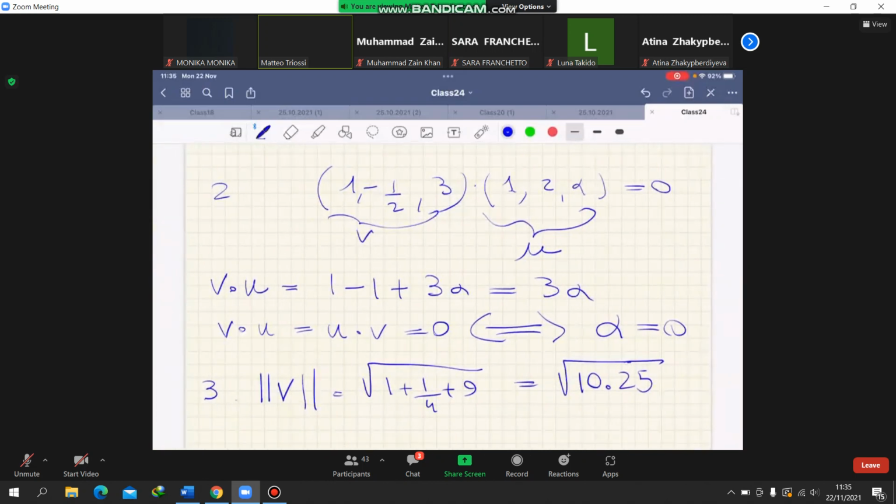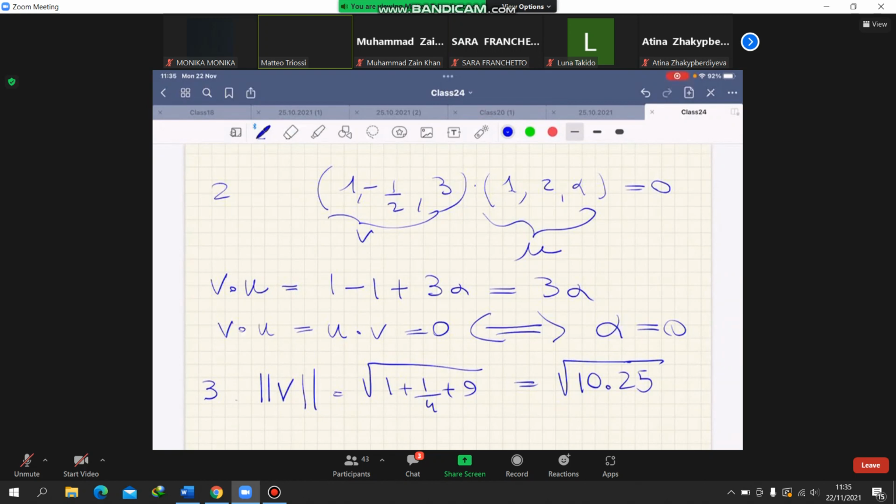Then we have operations. So remember, what are the operations between vectors? It's like the natural operations on vectors.